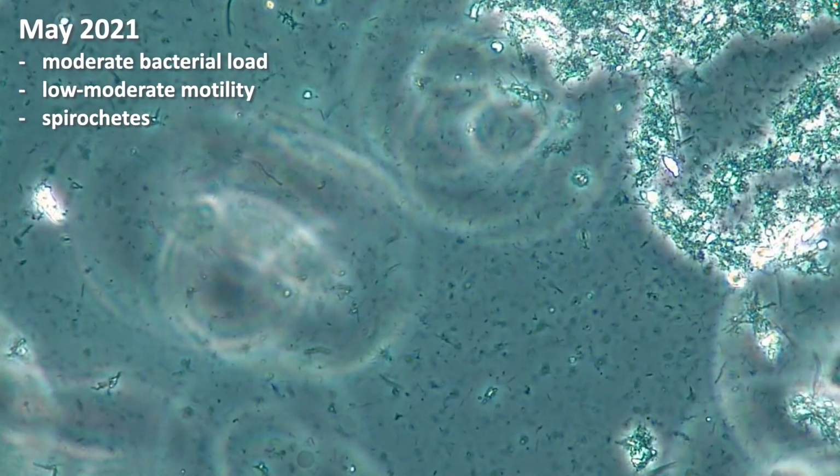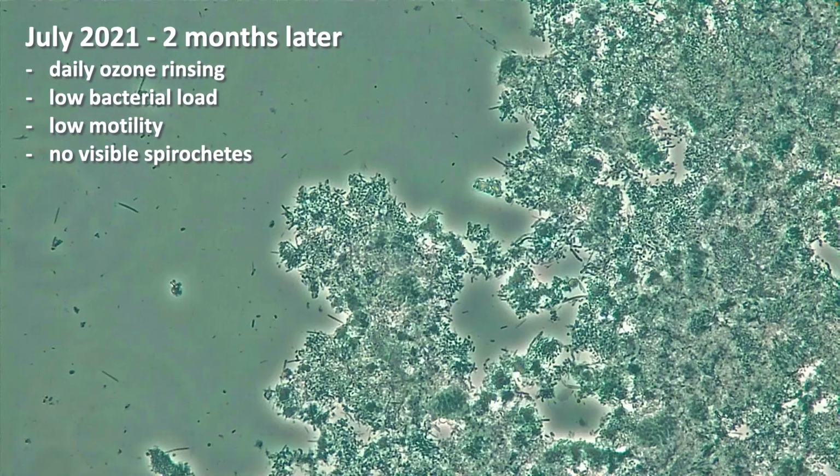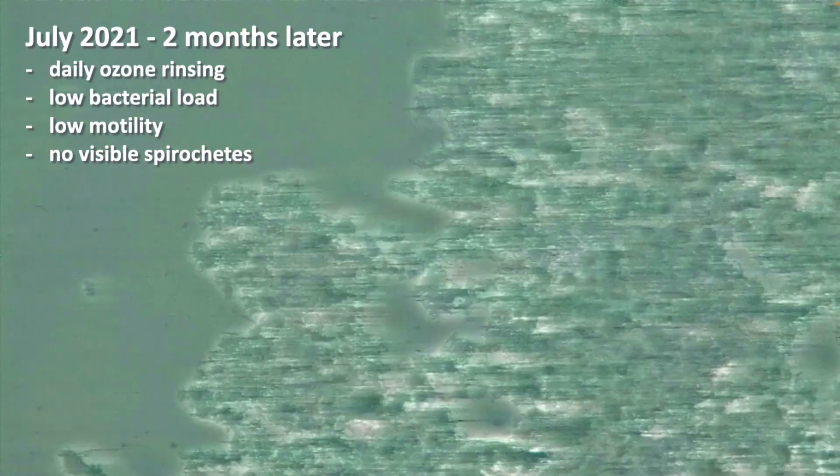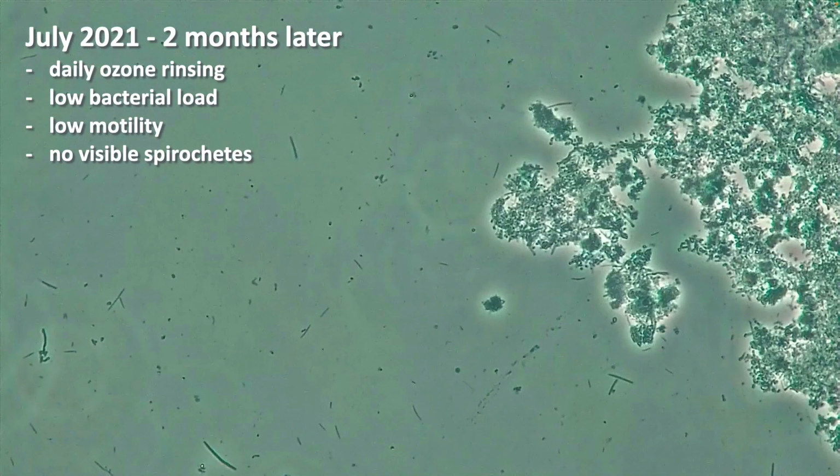So we asked him to do daily rinsing with ozone after guided biofilm therapy, and we can see that there's a much reduced bacterial load, very low motility of the bacteria, and there were no further visible spirochetes.